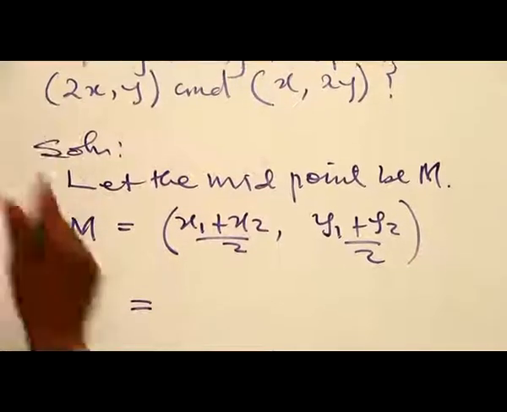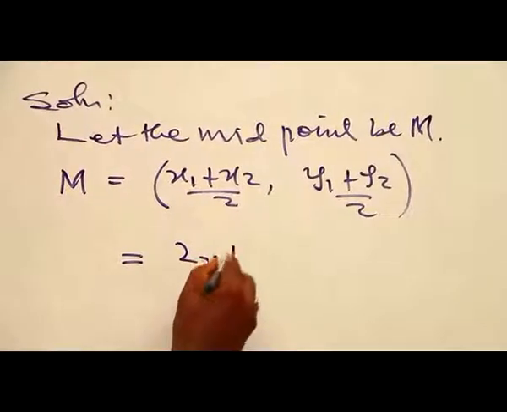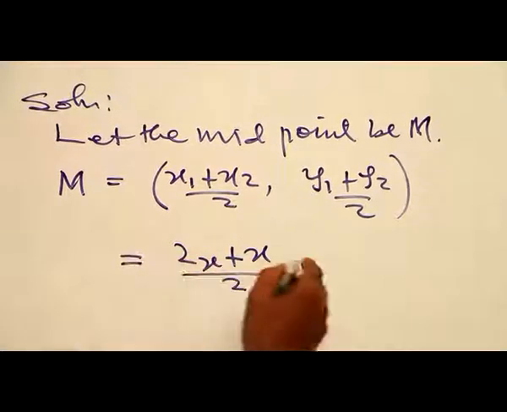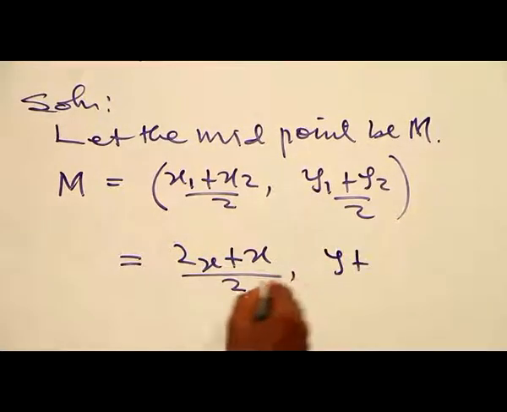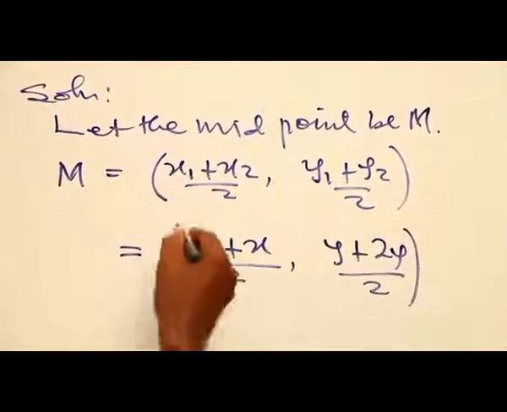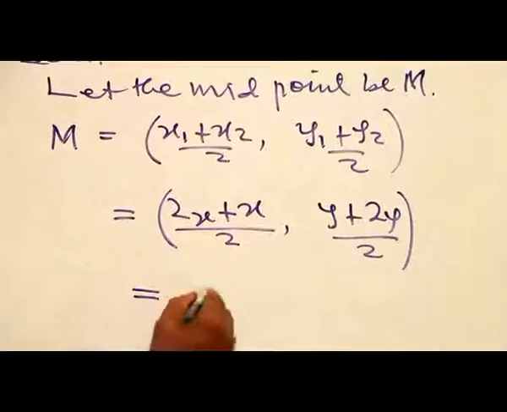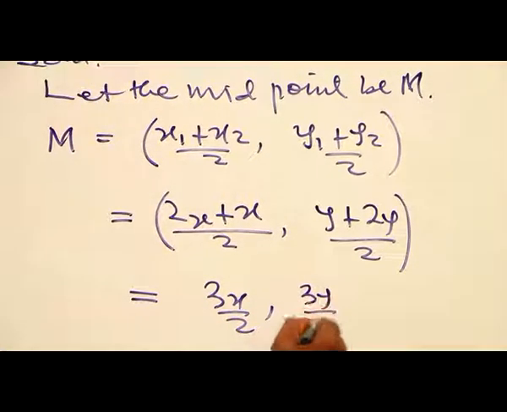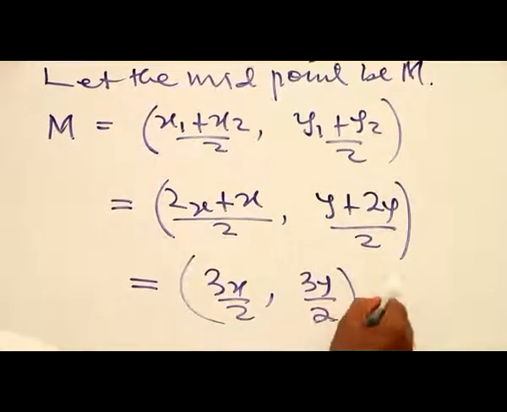Now, your x1 is 2x, and your x2 is x, all over 2, and your y1 is y, and your y2 is 2y, all over 2. Now, adding them, 3x all over 2 and 3y all over 2. And that gives you the midpoint.